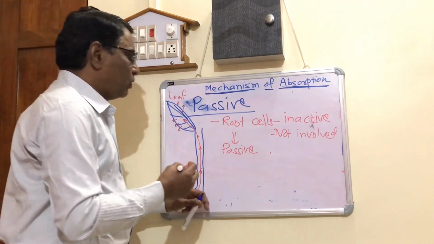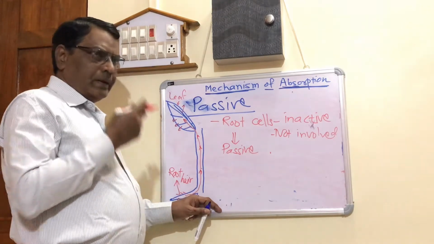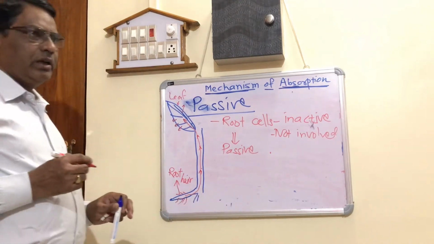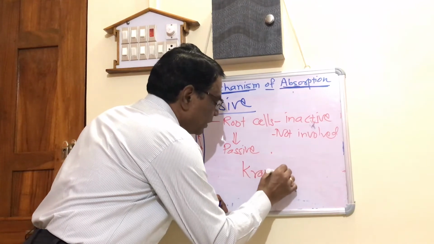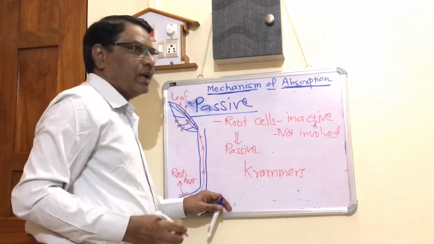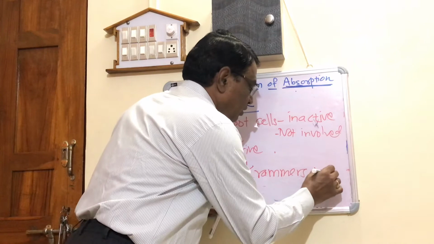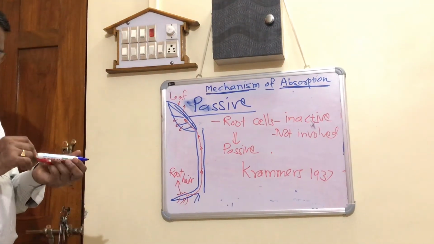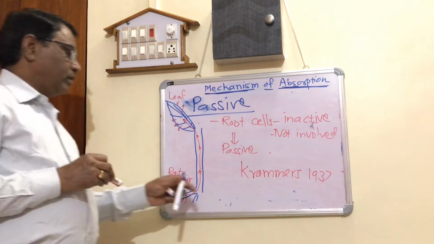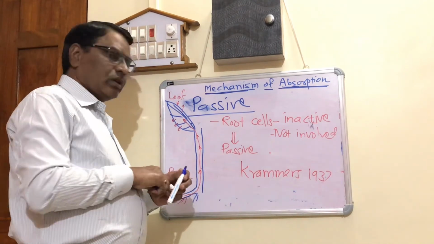Now this theory was strongly supported by many practical evidences, including the work of the eminent plant physiologist Kramers, who observed it in 1937 and also strongly supported this view.